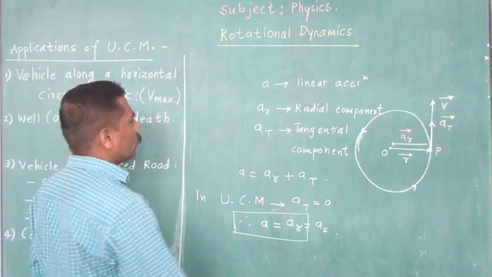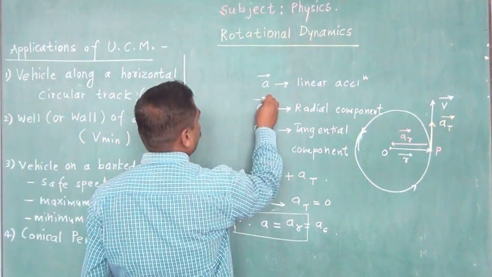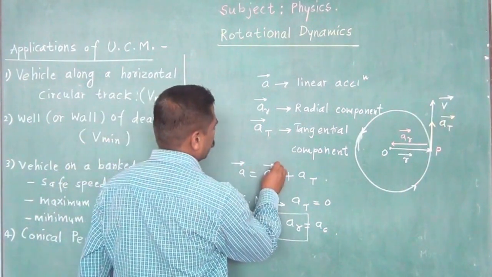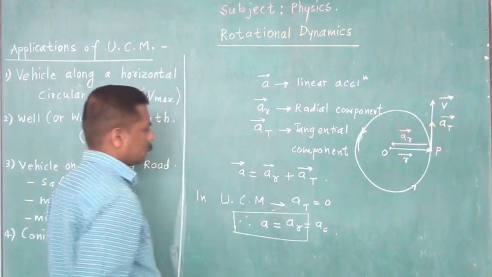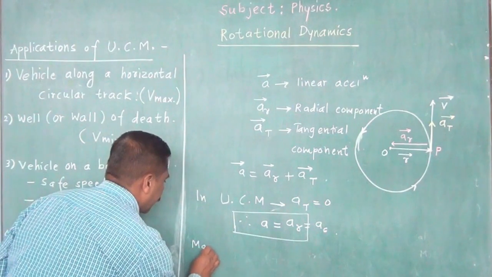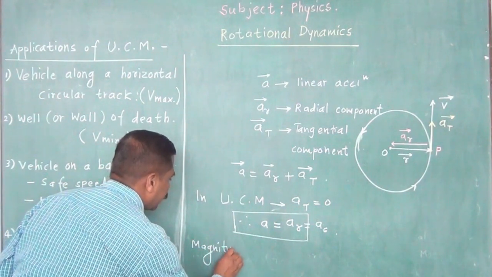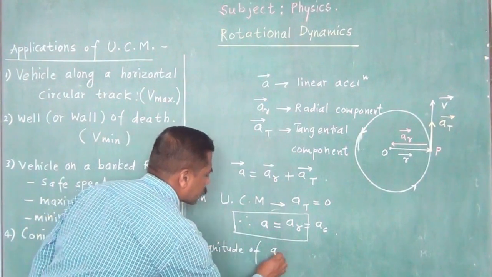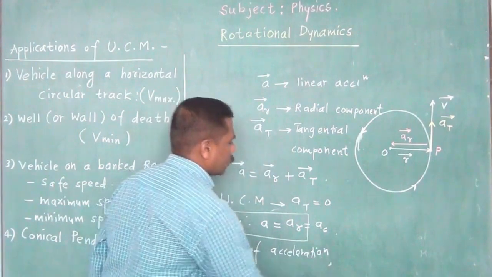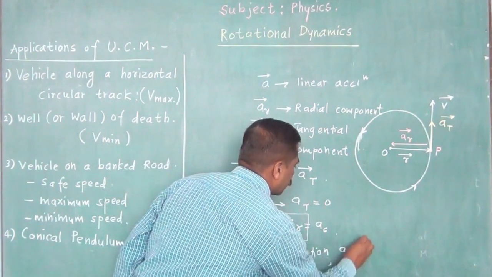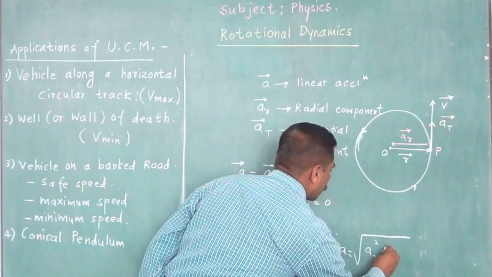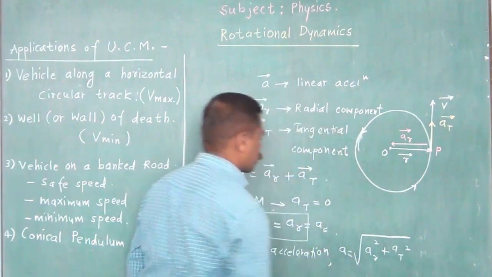Now, these are vectors, so suppose I want to find the magnitude of acceleration. From this formula we can find the magnitude: A is equal to under root of AR square plus AT square.